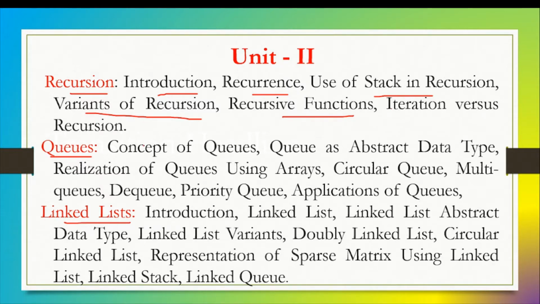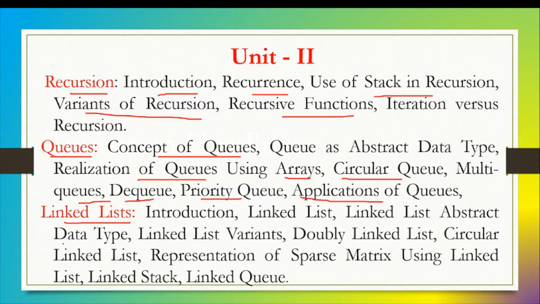In the next chapter, queues, we will learn the concept of queues, how to implement them using arrays, and the different types of queues: circular queue, multi queue, Dequeue, priority queue. These are all types of queues, along with different applications of queues.